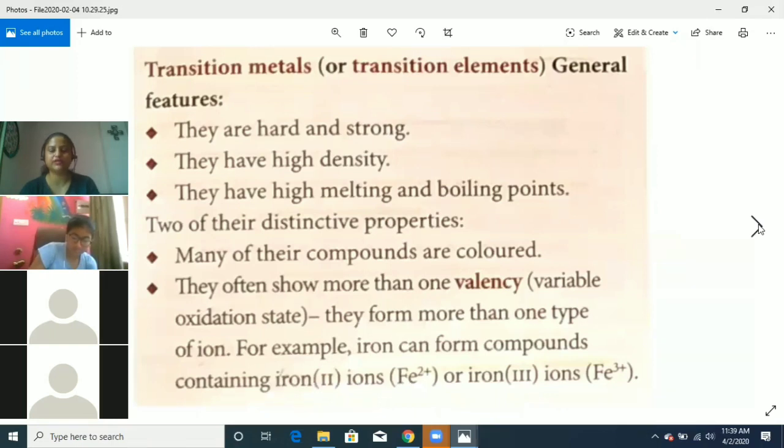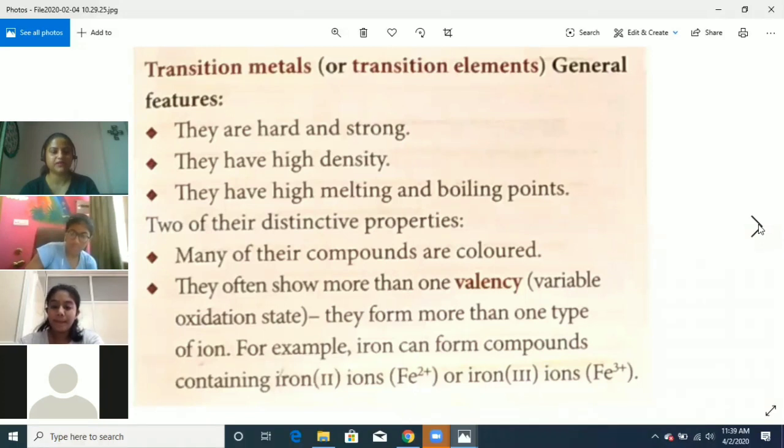We use so many transition elements in our routine life, like iron, zinc, copper, gold, silver, etc. They are hard and strong. We have seen gold, silver, copper, iron, they are hard and strong. They have high density and they have high melting and boiling points also.